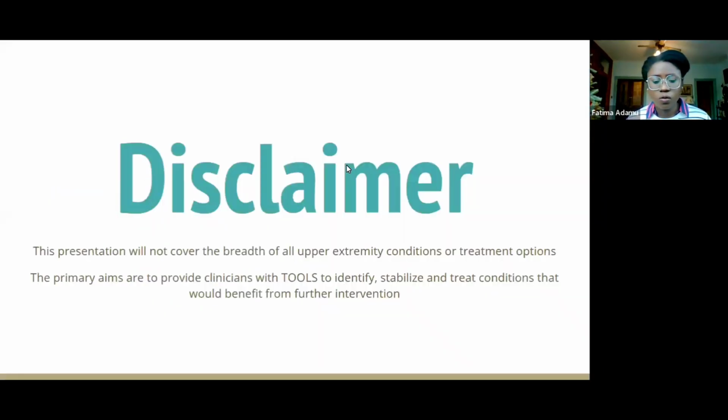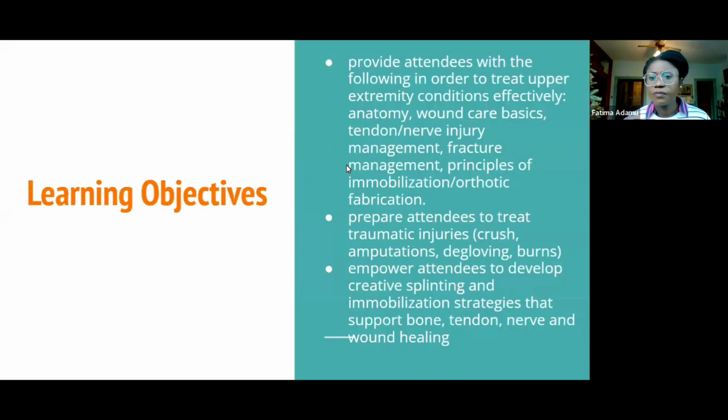Objectives of this lecture will be to equip attendees to treat upper extremity conditions and to treat specifically traumatic injuries, amputations, burns, crush injuries, which can involve several different structures in the body, and also to empower you to develop creative splinting and immobilization strategies.